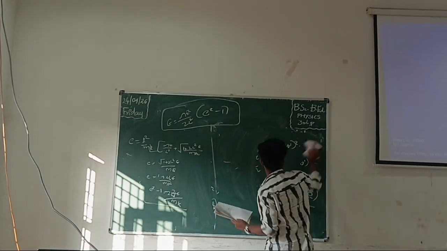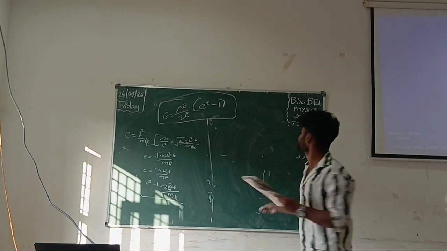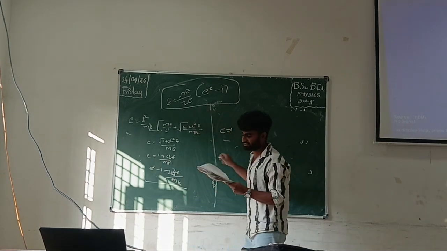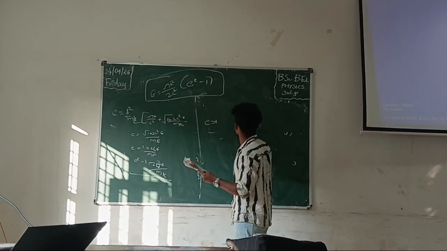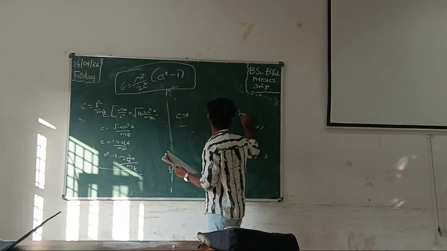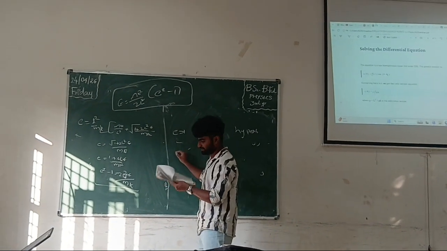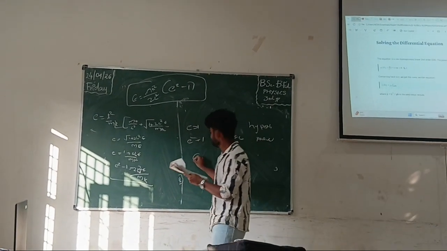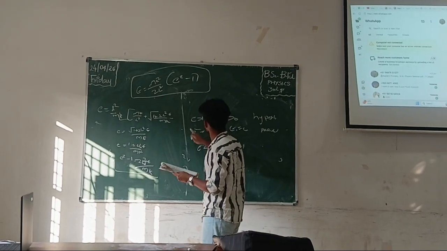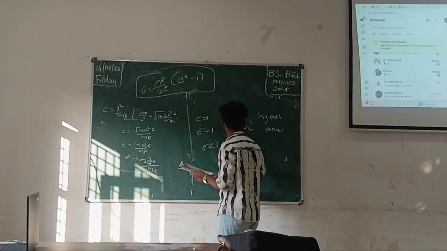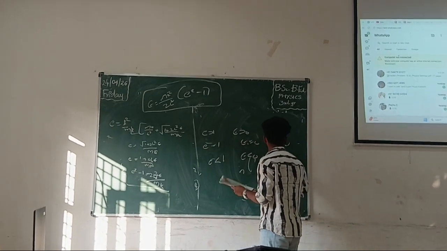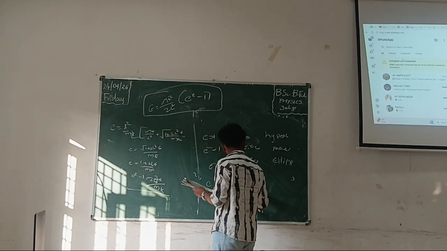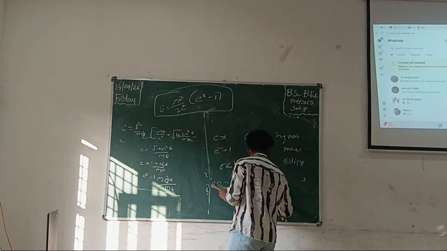That is, if E is greater than 0, it will be a hyperbola with e greater than 1. If E is equal to 0, e is equal to 1, it will be a parabola. If E is less than 0, it is an ellipse. And if E is equal to minus m k square by 2 L square, it will be a circle.